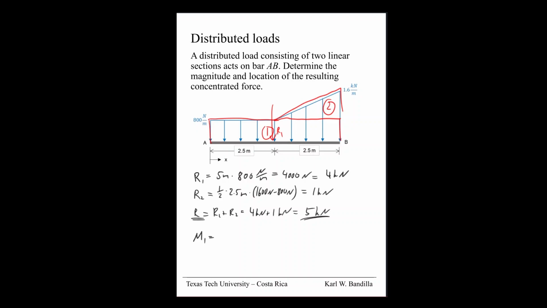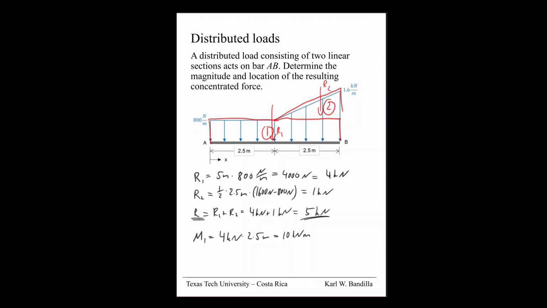So that means I would get R1 times 2.5 meters. R1 was 4 kilonewtons, so 4 kilonewtons times 2.5 meters gives me 10 kilonewton meters. That's my M1. Now my R2 would be somewhere up here.